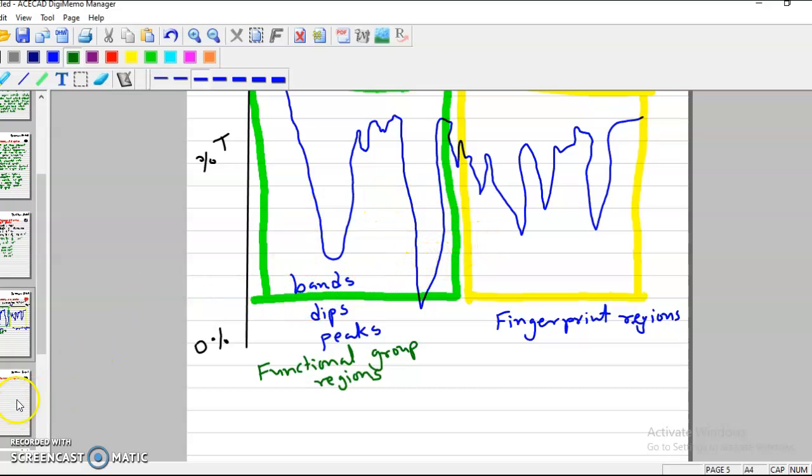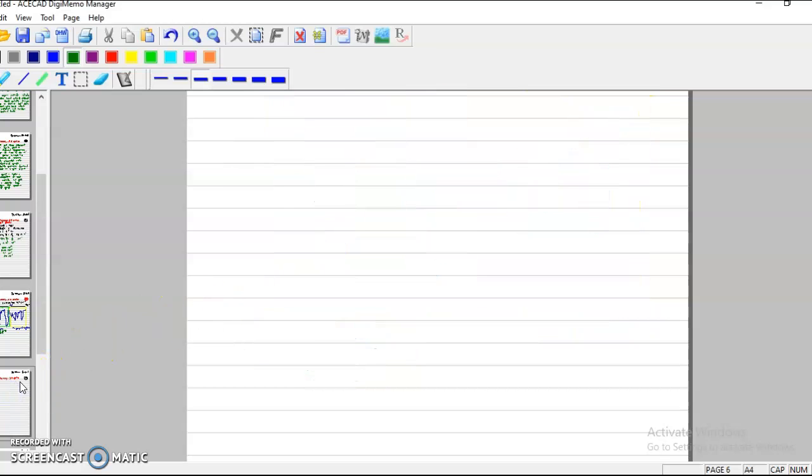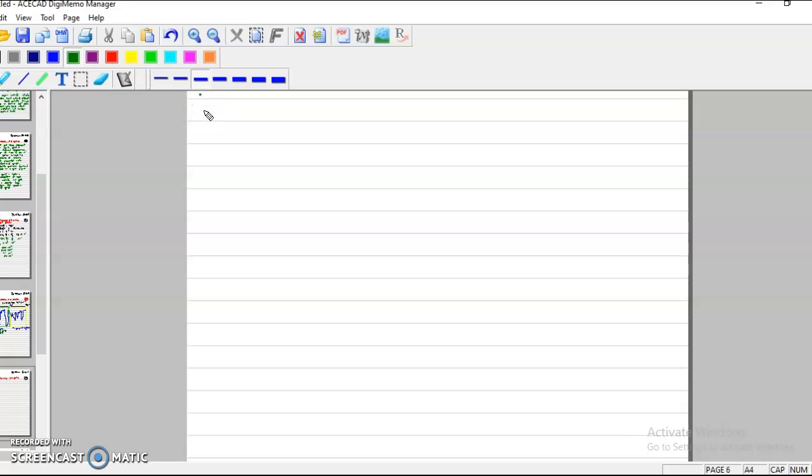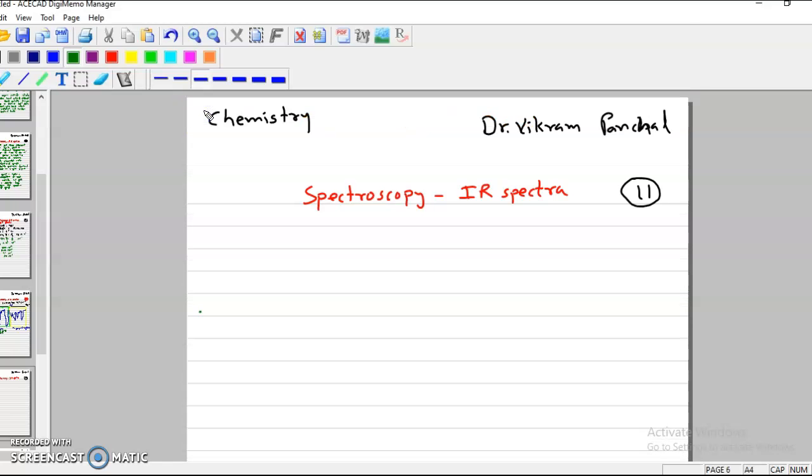Now here I will explain to you the different types of dips and bands present in a given infrared spectra. So there are various types of dips or bands. First of all, let us see this one, where you will see this type of broad band.